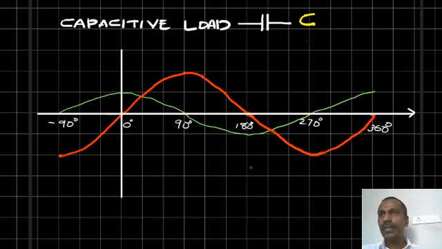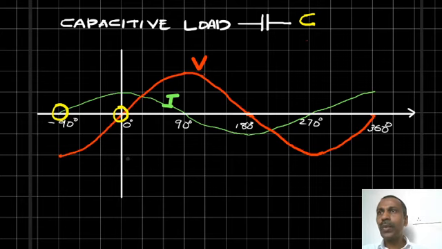Now we consider a capacitive load. This is our voltage waveform and this is our current waveform. If you look at these starting points, this is the starting point of voltage waveform. But what about the current? Current starts earlier.